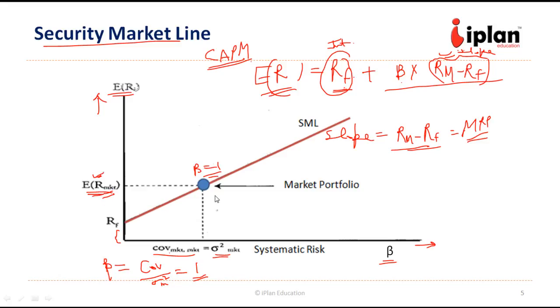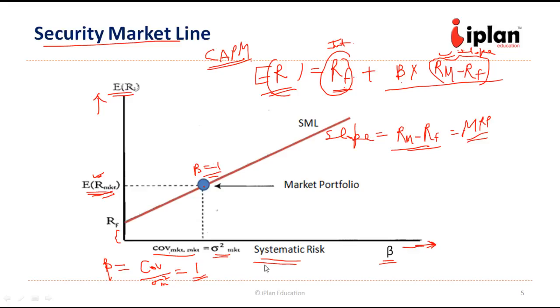So at this point, we understand that a particular stock is having the same risk as the market. So this is a measure of systematic risk which cannot be gotten rid of by diversification. This is the systematic risk or market risk.